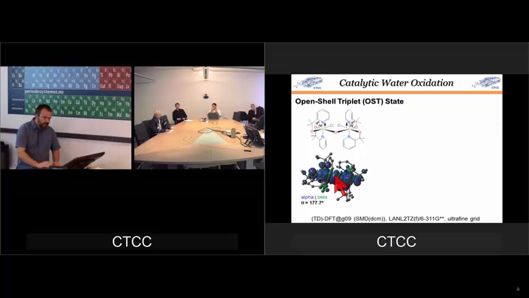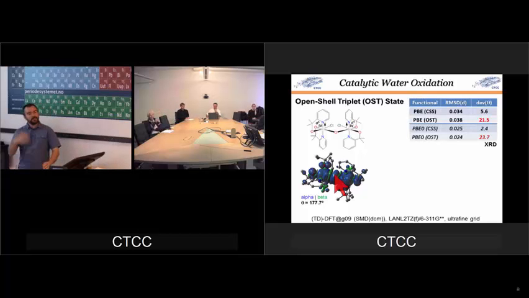Okay, then we also looked at, again, we compared with the crystal structure. And what we see is, here you have PBE and PBE0, so pure and hybrid functionals, and I'm giving data for the closed shell singlet, that's what the CSS means, and the open shell triplet, the OST state. In terms of root mean square deviations, whatever the functional you use, they're quite similar, with low deviations.